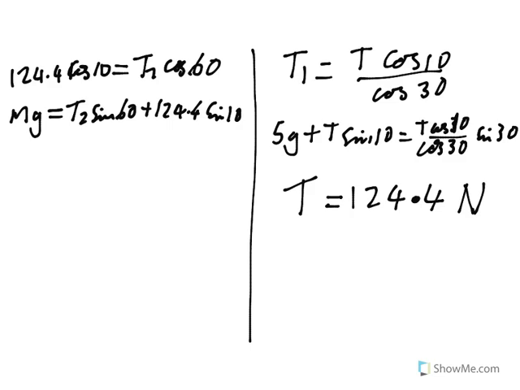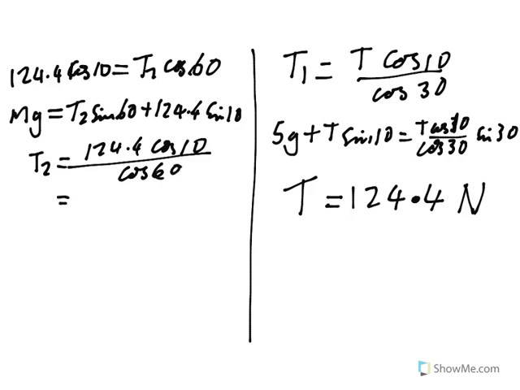Could, if you wanted to do it by hand, you could do it by hand. Get T2. Let's go and do this one by hand. T2 would be 124.4 cos 10 over cos 60, and when you do that we get 244.4.